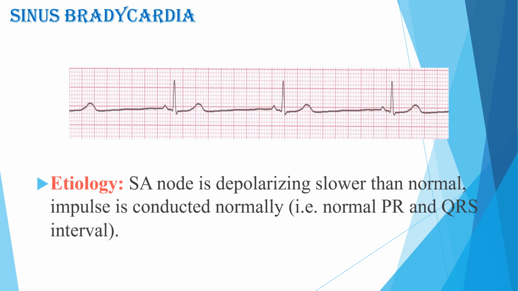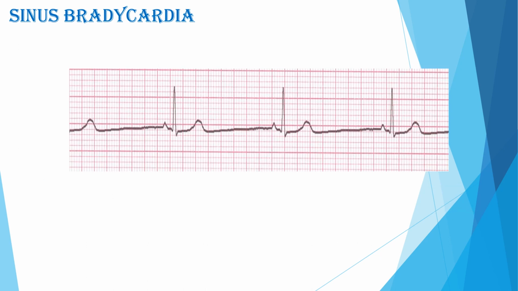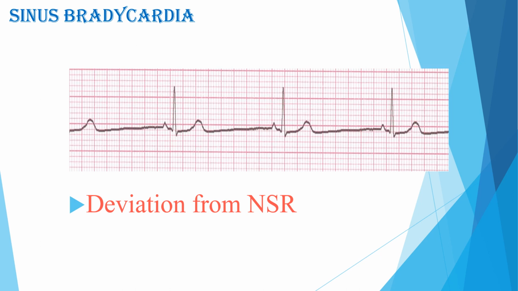The SA node is depolarizing slower than normal and the impulse is conducted normally, that is, normal PR and QRS interval.